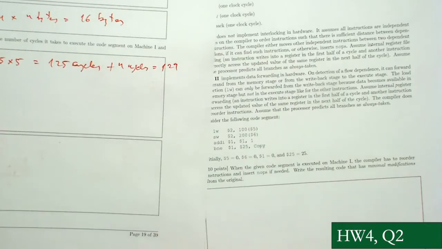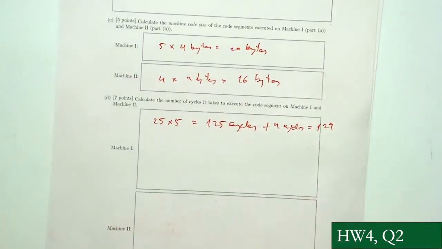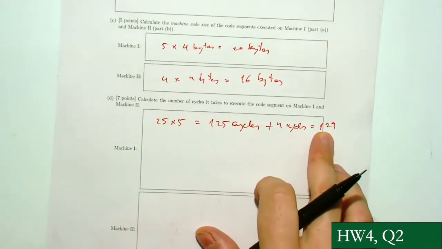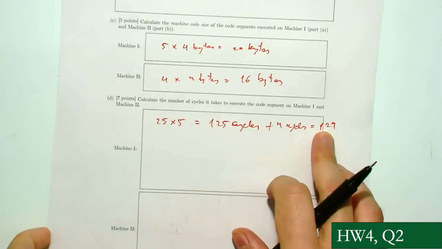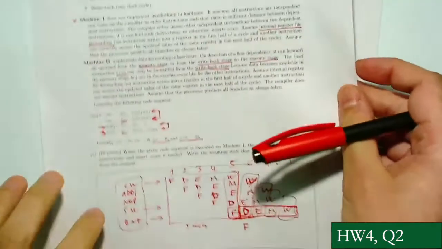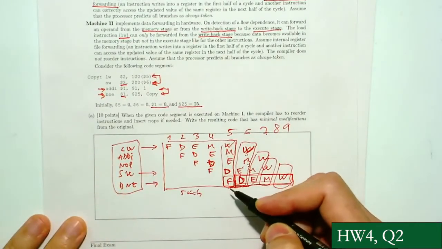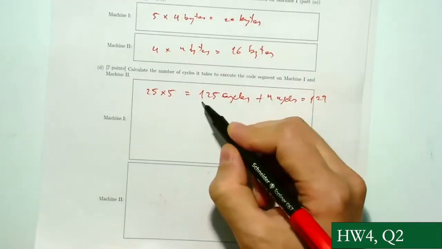Yes. The question I had before was about this exercise 129. This is computed by, you have 125 cycles, which are cycle repeated. So these are instructions, right?